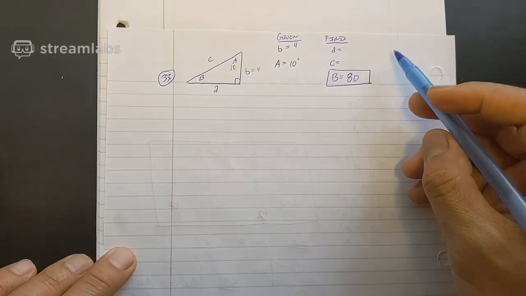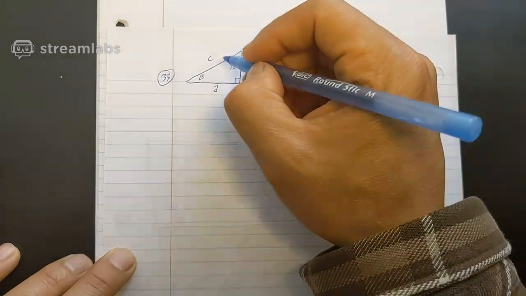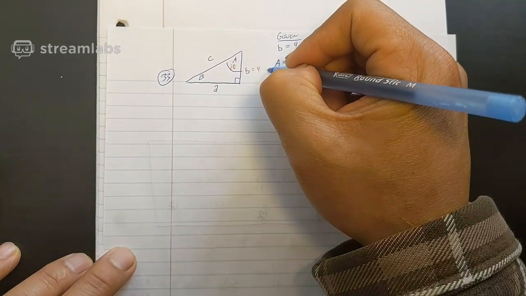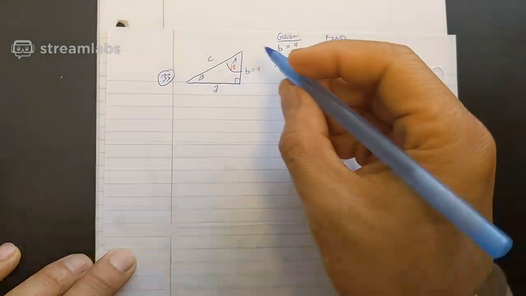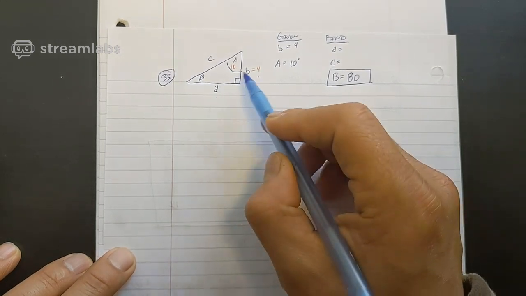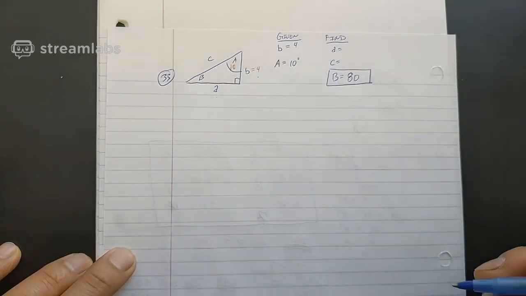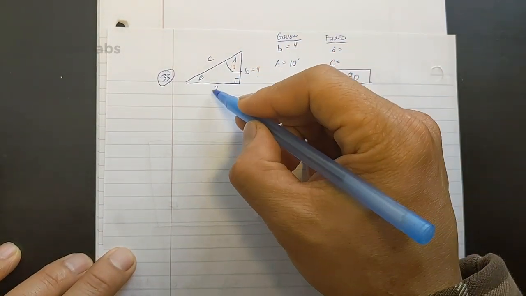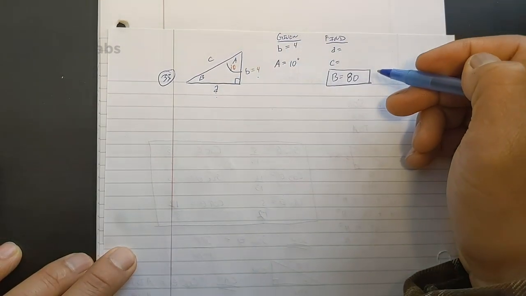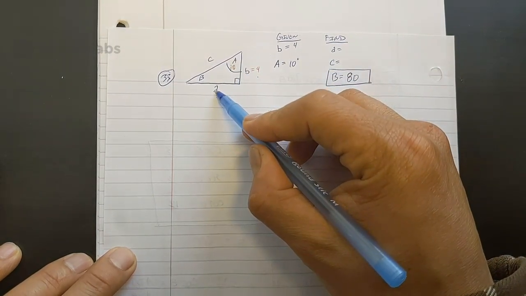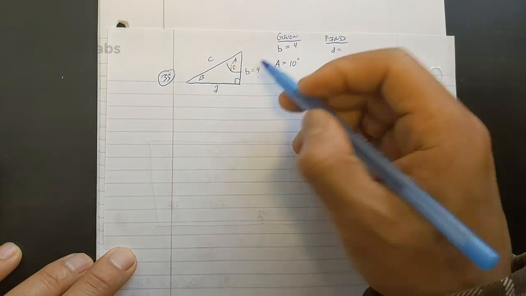All right, so here we go. So now we have to solve. This is what's given, this is going to be our angle that's given. We have adjacent, but we don't have opposite, and we don't have hypotenuse. So using these two, we could find what A is. How? Because we have opposite over adjacent, which is tangent.